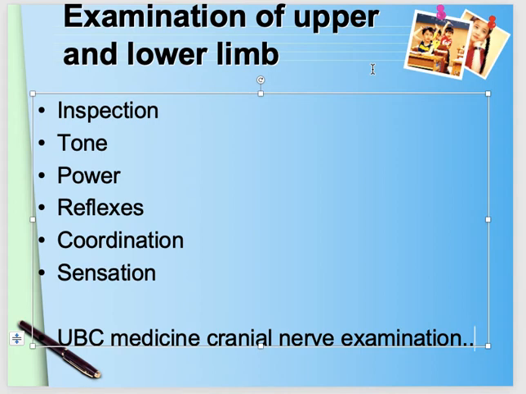Again, starting from our first lecture, starting from the general appearance, taking vitals, doing heart examination. Why do we do heart examination in neurology? Because one condition is called atrial fibrillation, in which the atria beat so fast, more than 350 beats per minute.